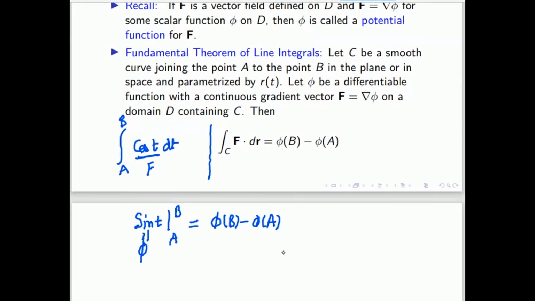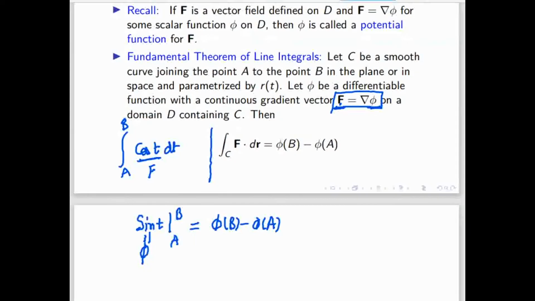So the question is how to find this phi. That means the integration of cos is sin. How do we find it in this line integral? Here, this one is sin t and this is cos t. That means this is some kind of anti-derivative and this is the derivative of it, and that derivative means this gradient.